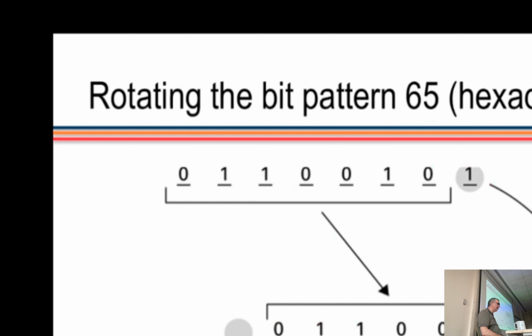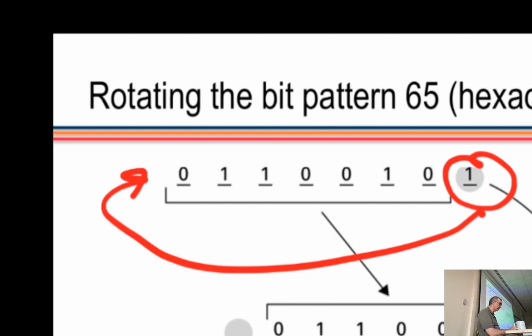This is, for example, the rotation to the right. Everything will move to the right. This one will go to the right, this one will go here. So at the end, this one will be this one.